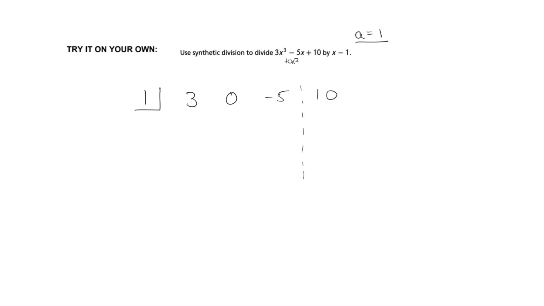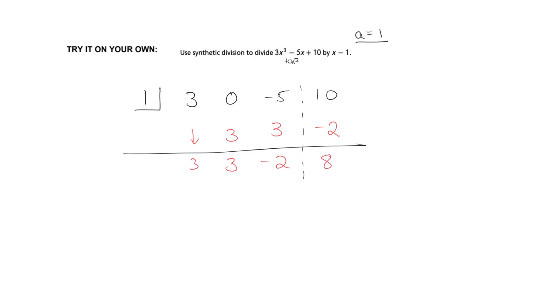And then I'm going to make my dashes. Okay. Bring down my 3. 3 times 1 is 3. 0 plus 3 is 3. 3 times 1 is 3. -5 plus 3 is -2. -2 times 1 is -2. So I get 8 here.